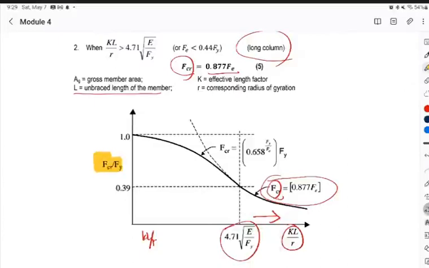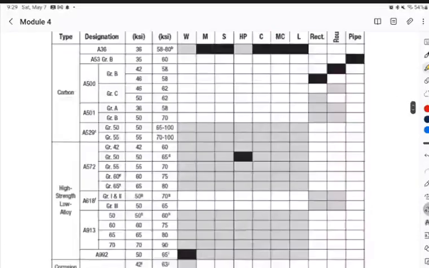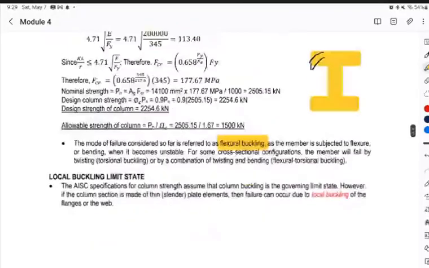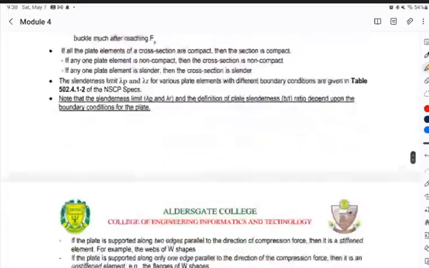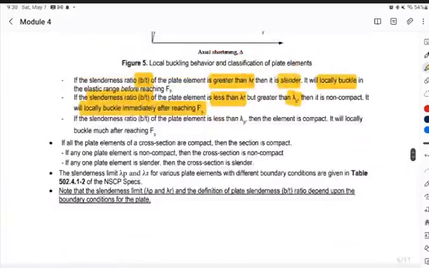Ang tawag nito yung critical buckling stress at which magkakaroon na siya ng flexural buckling along the or before Fy pa naman, no? That is from here up to here, until Fy. So okay lang. That it will locally buckle immediately after reaching Fy.